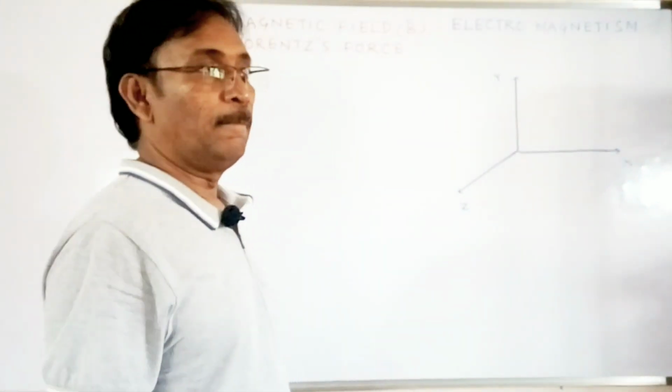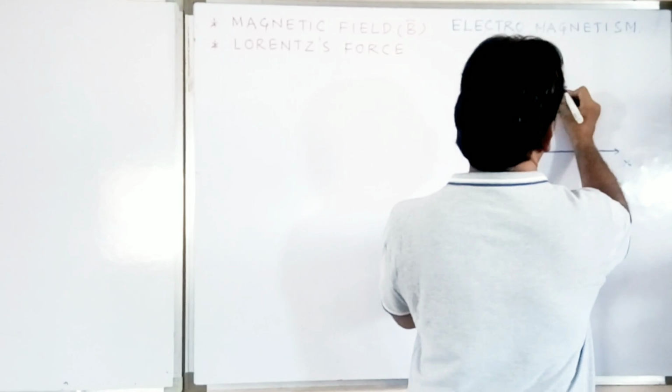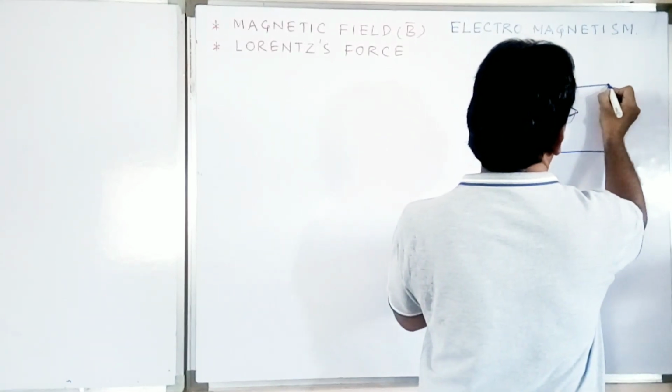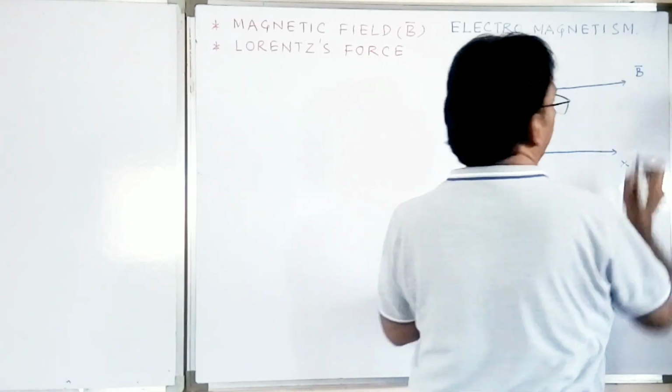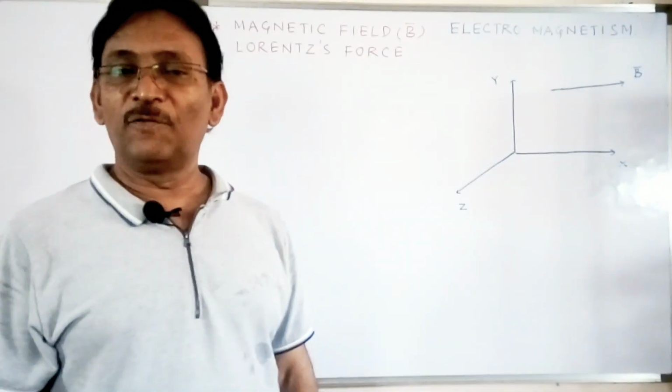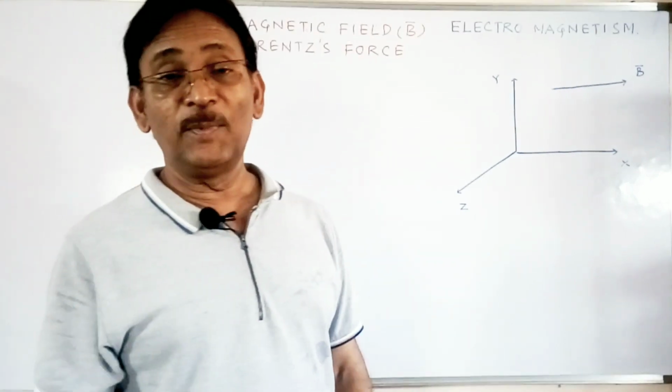And this frame is imagined to be kept in a uniform magnetic field which has the induction of B. Say it is B, the magnetic field. The magnitude of the magnetic field is B.